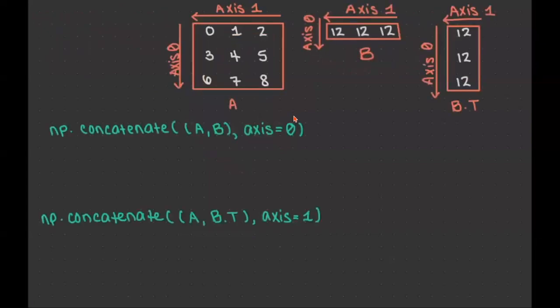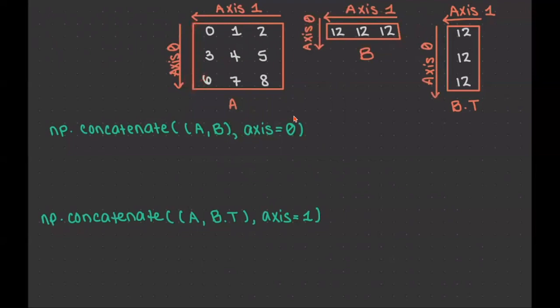One other example we can look at is concatenation. Imagine I have this nice 3 by 3 array A, and I want to combine it with this 1 by 3 array B. In the first case, let's say I have np.concatenate A comma B, and I want to do it along axis equals 0. In that case, we're extending in this vertical direction.